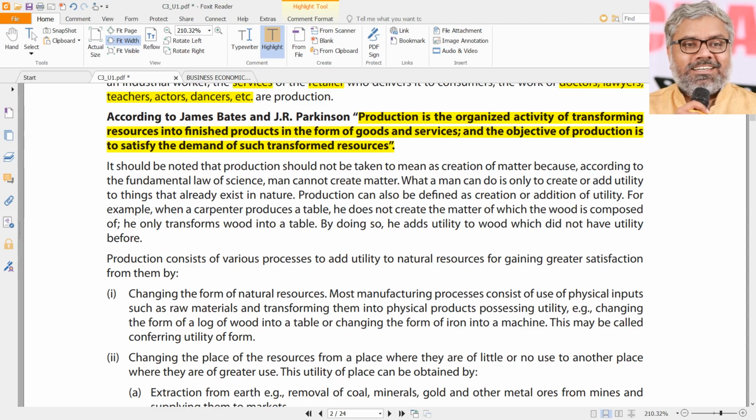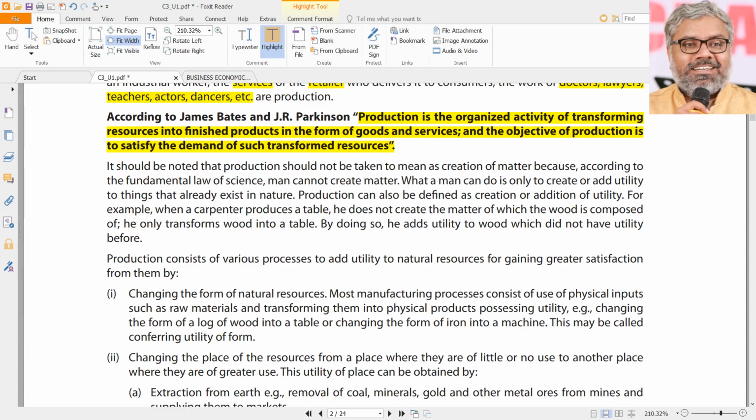What are we talking about? You can call them factors of production, that is resources. You can call them inputs, that is resources. Once the resources get transformed, what will they become? They become goods, they become services, they become commodities, they can be sold, they become output. Those are the finished products.